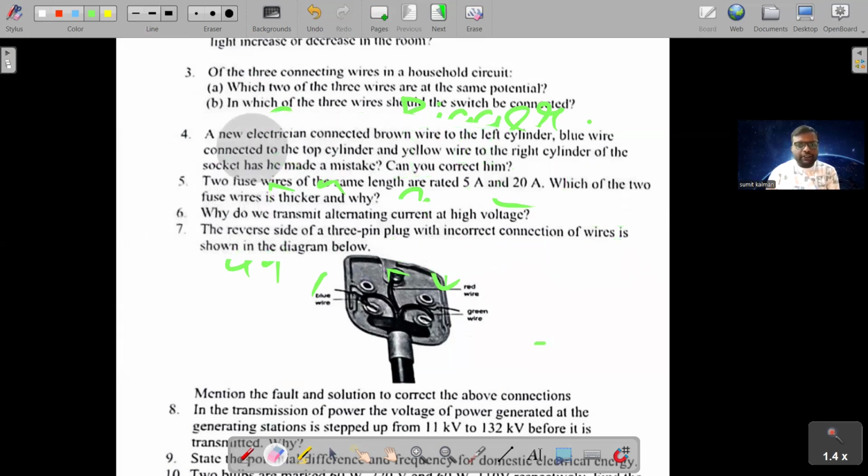So now next is students, why do we transmit alternating current at high voltage? Students, I have taught this in class.